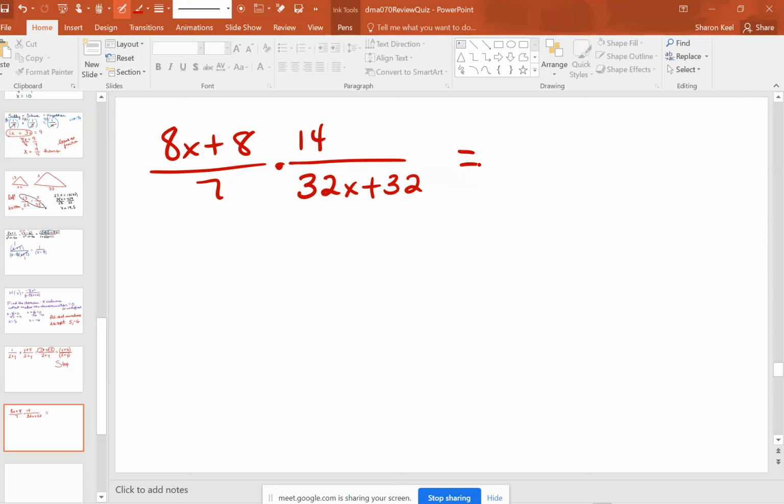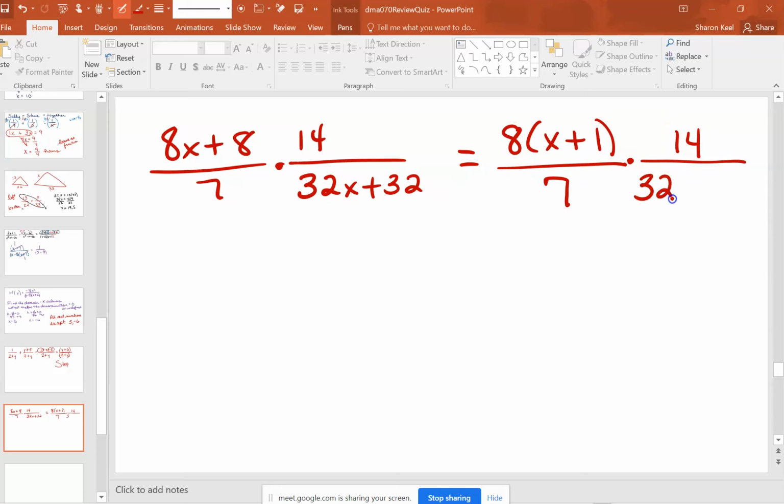What I would start by doing is take this numerator and see if I can factor out a common factor. I can factor out an 8, and that would leave me with an x plus 1. My denominator is still just a 7. This is still 14. On the bottom, I can factor out a 32, and that leaves me with an x plus 1. So what I did first was I factored all that I could.